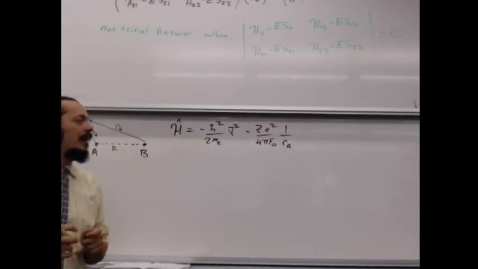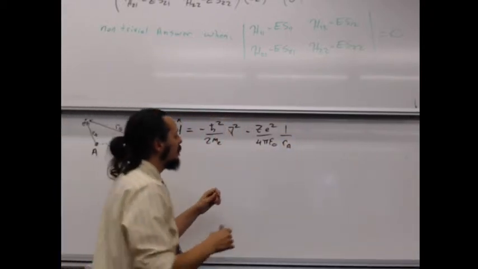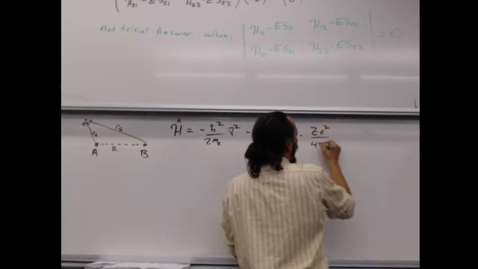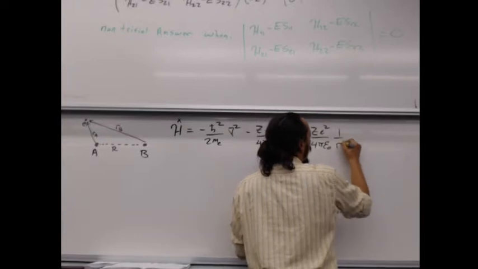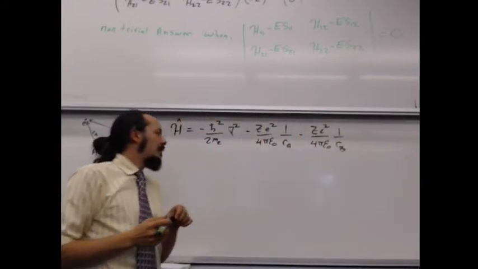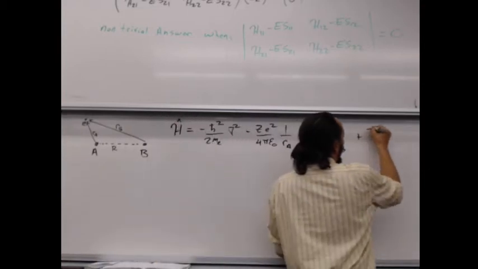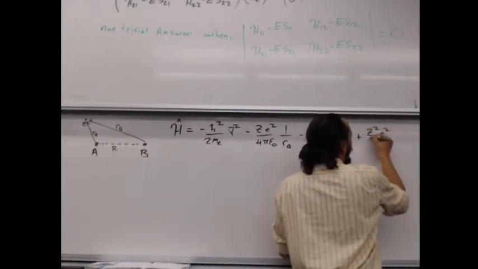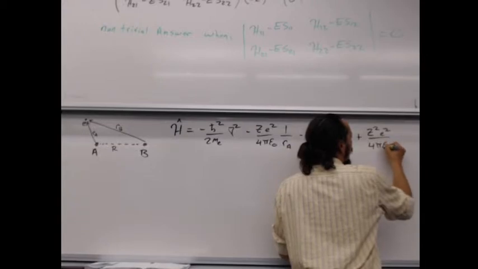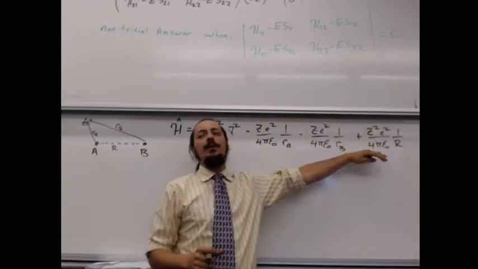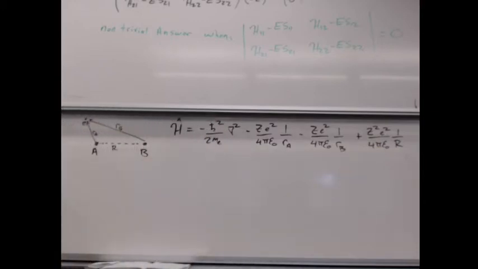That's the attraction of the electron to nucleus A. Minus ze squared over 4 pi epsilon naught 1 over Rb, the attraction of the electron to nucleus B, plus z squared e squared over 4 pi epsilon naught 1 over capital R. The repulsion, and it's a plus term because it's the repulsion of the 2 nuclei from each other.